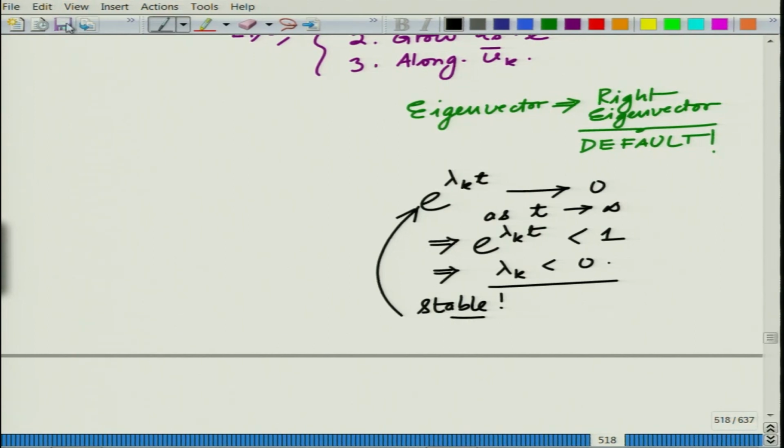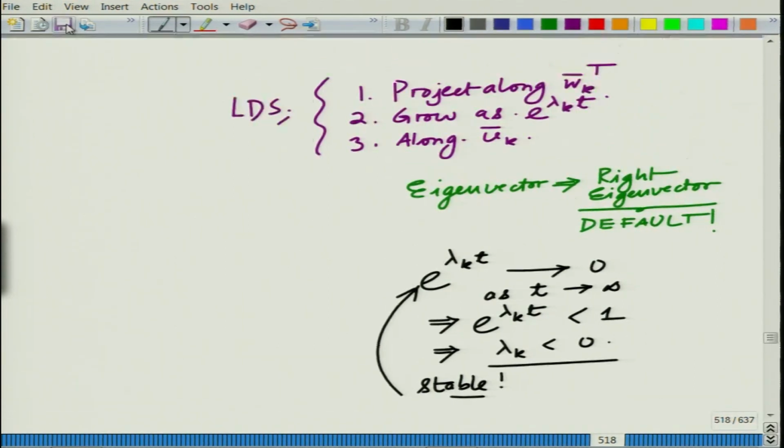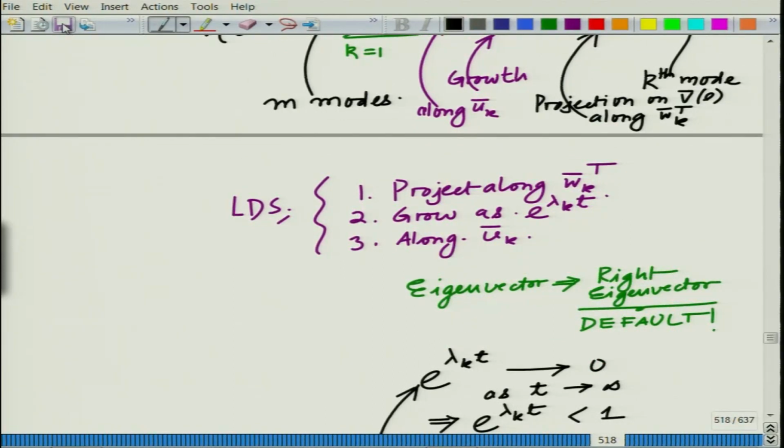So, these are the interesting interpretations that one can derive from the eigenvalue decomposition. The eigenvalue decomposition gives you a very convenient mechanism to compute the matrix exponential in terms of the scalar exponentials of the eigenvalues. You simply take the scalar exponentials of the eigenvalues and pre-multiply by u, post-multiply by u inverse, and that gives you the matrix exponential, which one can use in the solution of the autonomous LDS.